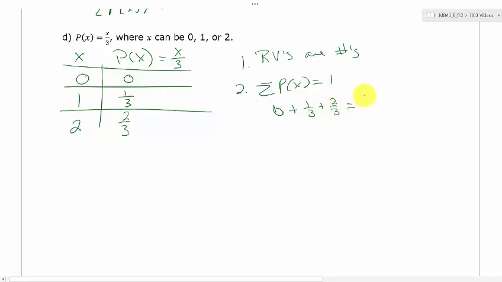And 1/3 plus 2/3 is 3/3, which is equal to 1. So that condition is met. And the last one, are the probabilities between 0 and 1? And they are. We have 0, 1/3, and 2/3, and all of those are numbers between 0 and 1.